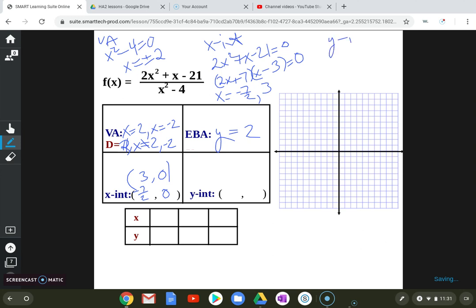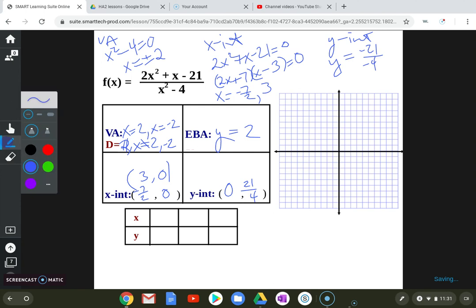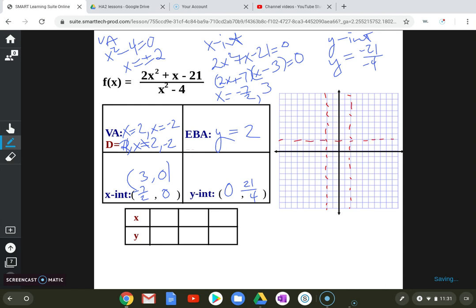Last thing we have to find is our y-intercept. Just set all the x's equal to 0. You get negative 21 over negative 4. So our y-intercept is positive 21/4. All right, let's sketch it. So we have a vertical asymptote at negative 2, a vertical asymptote at 2, a horizontal asymptote at 2.